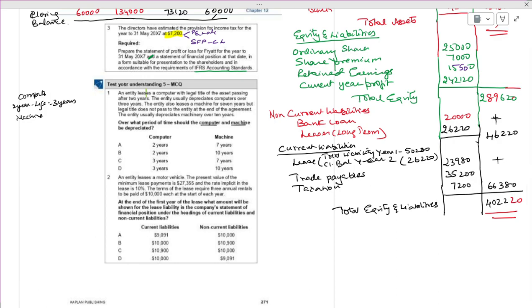The machine is leased for 7 years, but legal title is not passed at the end of the agreement. Now what they are asking is, over what period of time should the computer and machine be depreciated?